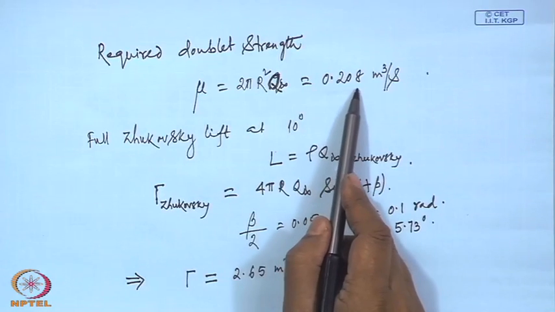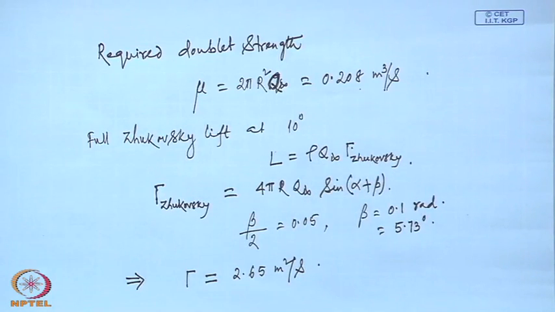The flow on the circle plane is now given by a uniform stream of 18.3 meter per second, a doublet strength of 0.208 placed at the center of the circle and a circulation of 2.65 meter square per second placed at the center. So, we can now write completely the complex potential on the circle plane.